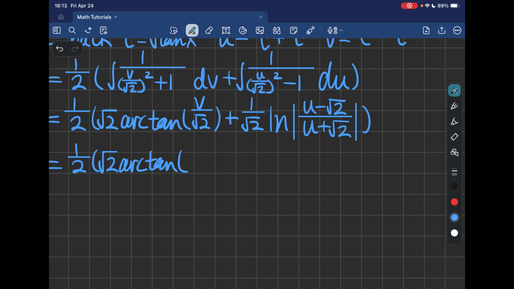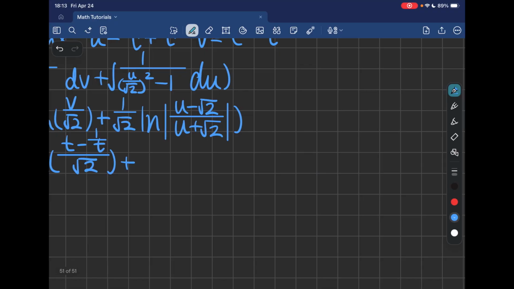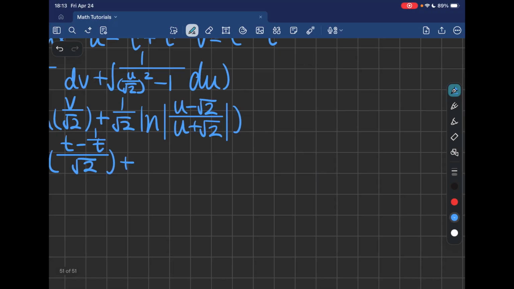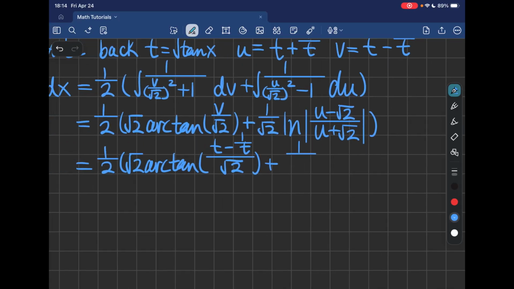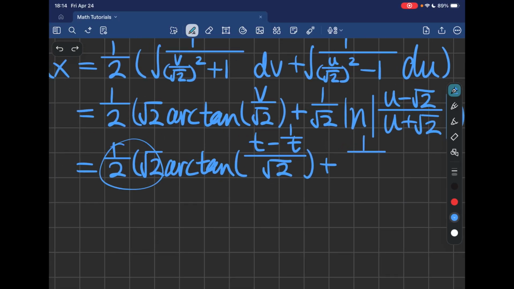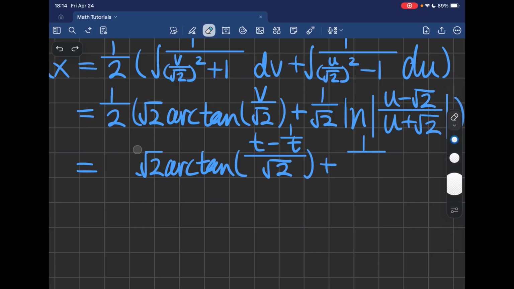So now we have v is this t minus 1 over t, that whole thing over square root of 2. And plus, well, we can start getting rid of this, right? Get rid of that extra parentheses. So that's just 1 over square root of 2.